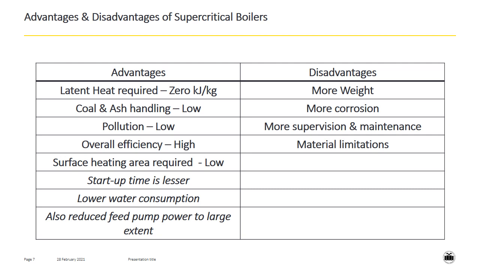Let us see some advantages and disadvantages of supercritical boilers. On the advantages side, latent heat required is 0. Coal and ash handling is also low.